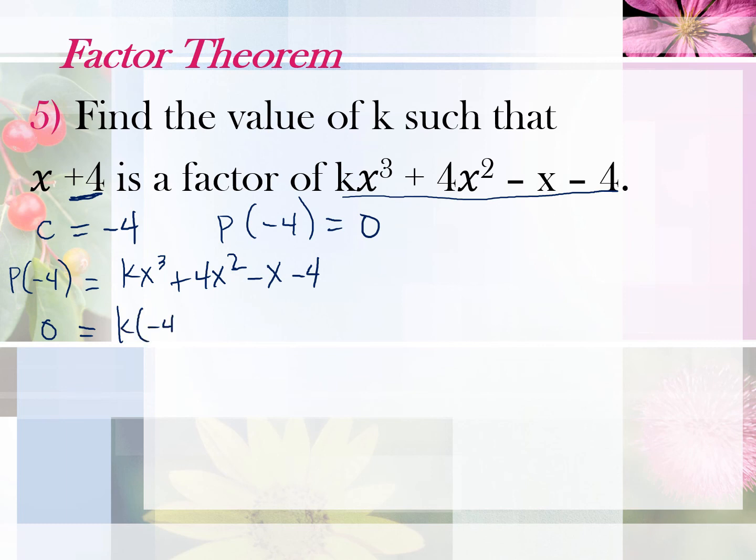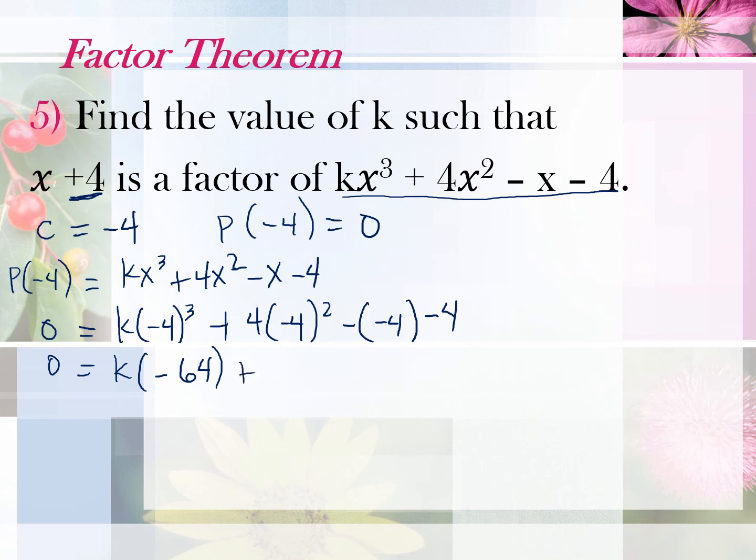So, k times negative 4 raised to 3 plus 4 times negative 4 raised to 2 minus negative 4 minus 4. Then, simplify. Yung negative 4 raised to 3 ay negative 64 plus negative 4 raised to 2 ay positive 16. Then, negative times negative 4, magpa-positive na 4 na siya.